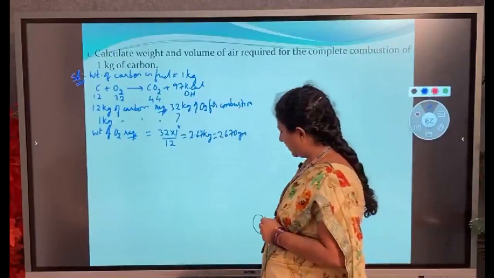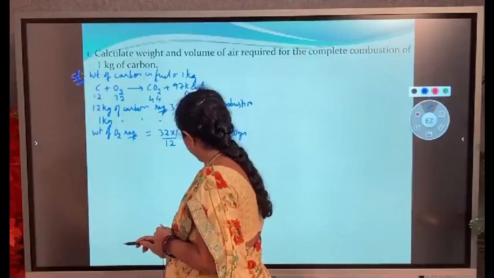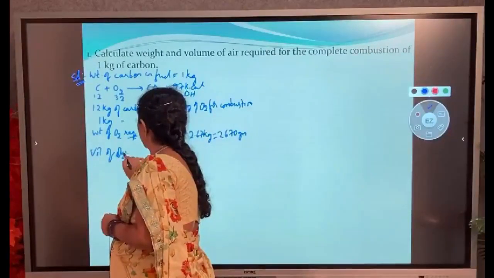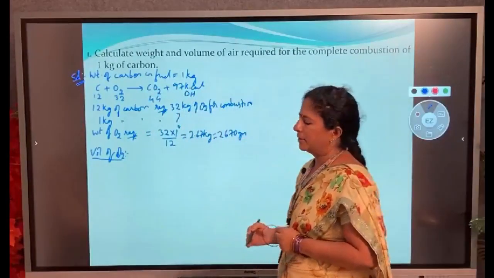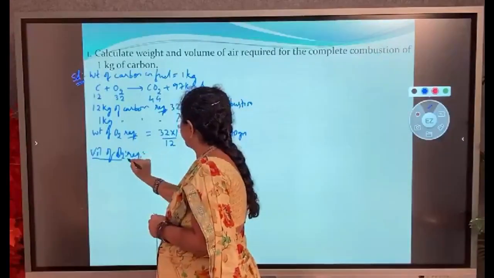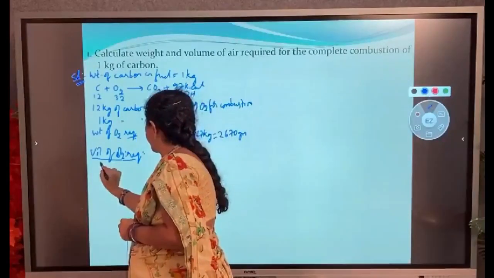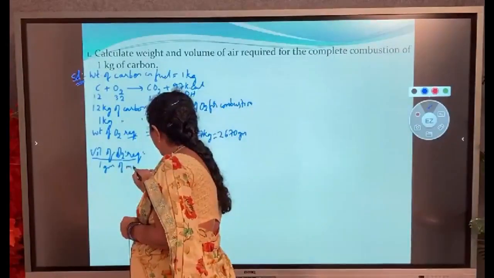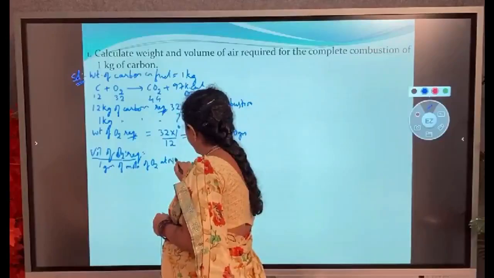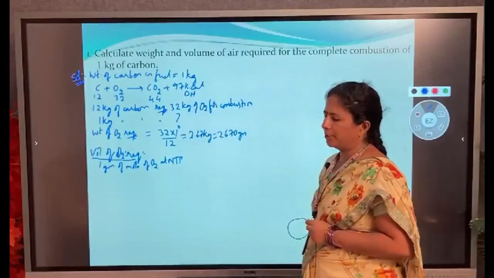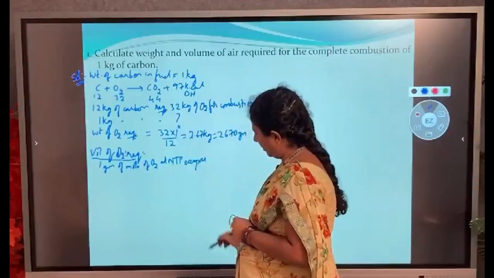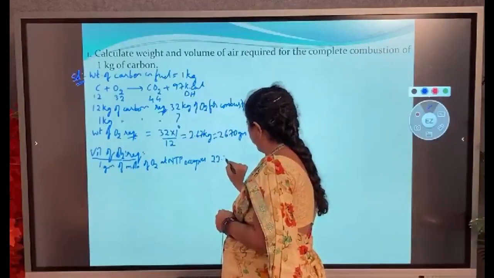Now, this is the weight of oxygen. Next, volume of oxygen. Earlier I showed you the formulas for this. Volume of oxygen required we will calculate basing on the fact that 1 gram mole of oxygen at NTP, normal temperature and pressure, occupies a volume of 22.4 liters.